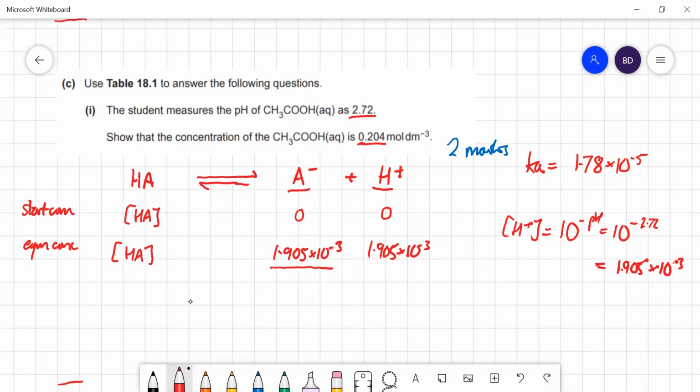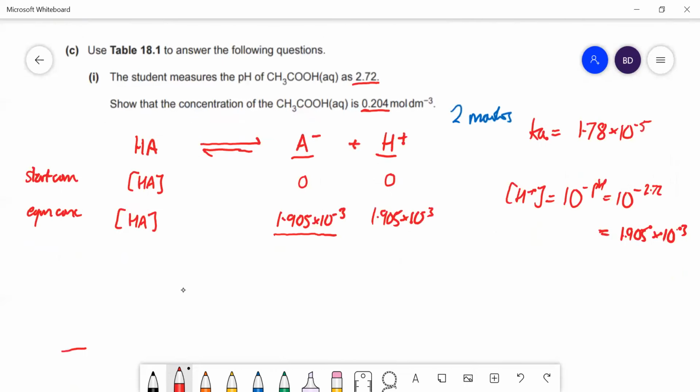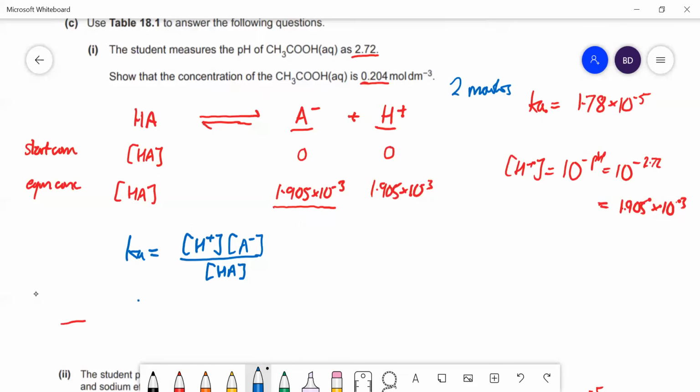Right, now we need to write down our Ka expression. So Ka is equal to H+ A minus over HA. We want to find out what the HA concentration is, so let's rearrange that. HA is equal to H+ A minus over Ka. Put the numbers in there.